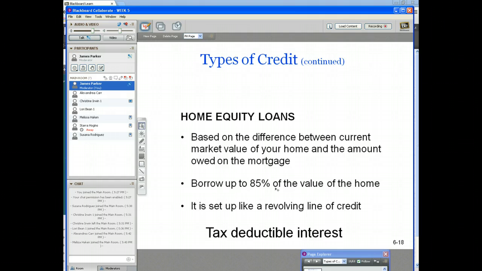Those people charge you high interest and take your car. Here, they'll take your house, but generally they'll give you a lower rate. You've got to be careful with these, but if it comes down to putting it on a credit card or on a home equity loan, it's kind of a no-brainer that the home equity loan would be the better thing.